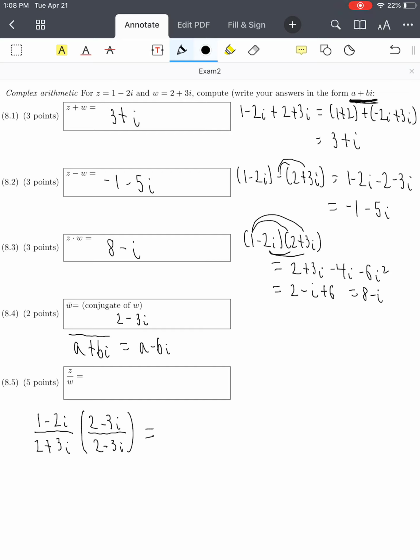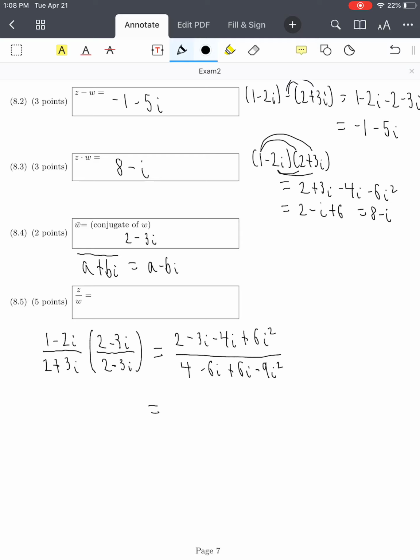So here we can multiply the top together, so that's, let's see, 2 minus 3i minus 4i plus 6i squared over 4 minus 6i plus 6i minus 9i squared.